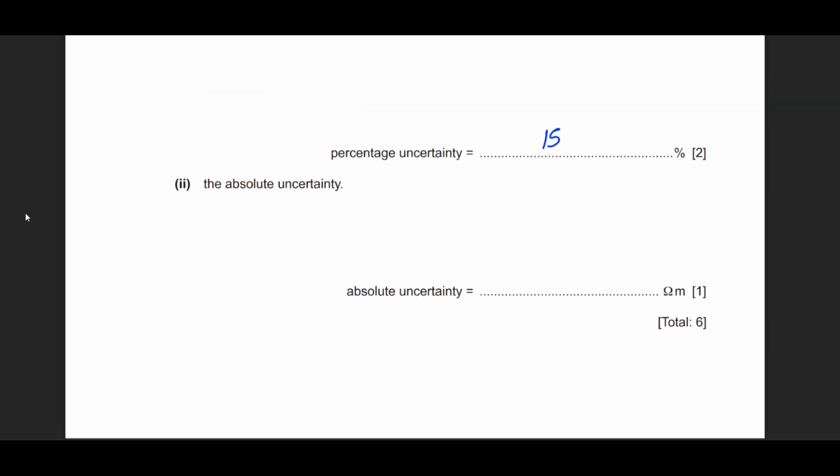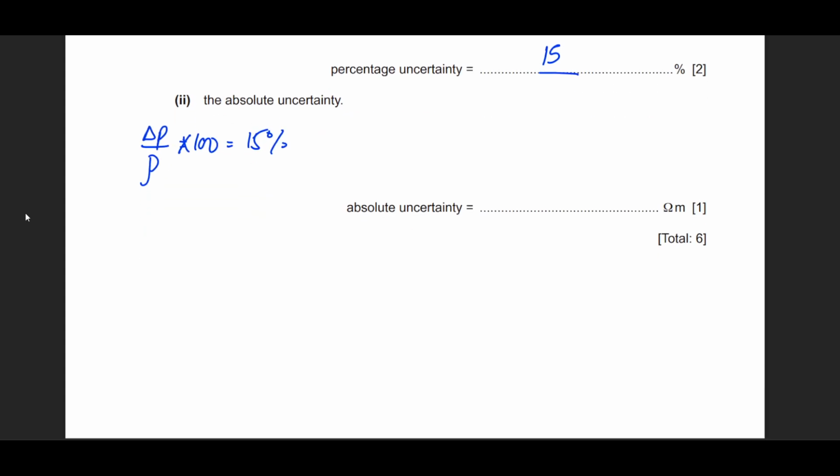He says absolute uncertainty. So what you simply have to do is that the formula was change in rho, or the absolute error in rho, divided by rho, multiplied by 100%, which would have given you the answer of 15%, which you just calculated. But since we are trying to find out the absolute uncertainty, we have to multiply this 15% with the actual value.